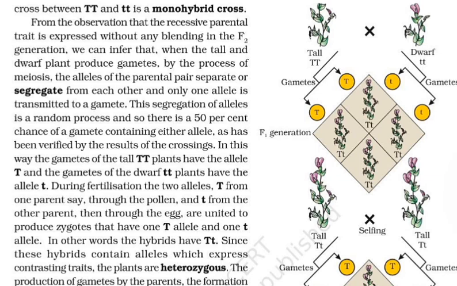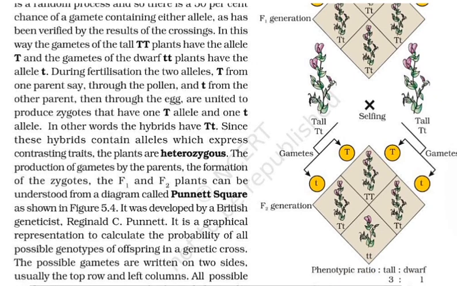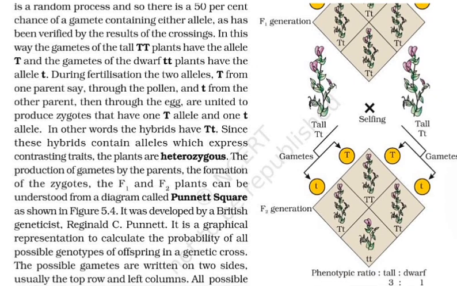The F1 plant of the genotype capital T small t, when self-pollinated, produces gametes of the genotype capital T and small t in equal proportion. When fertilization takes place, the pollen grain of genotype capital T has a 50% chance to pollinate eggs of the genotype capital T as well as of the genotype small t.